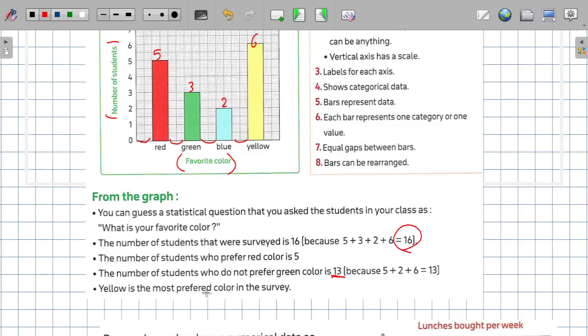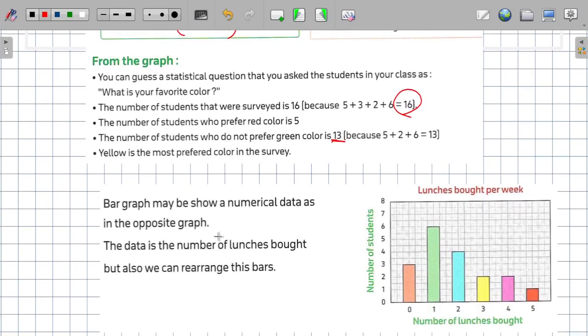And if I want to ask about the most preferred color, it will be yellow. And if I want to ask about the least preferred color, I think it will be the blue color, okay?